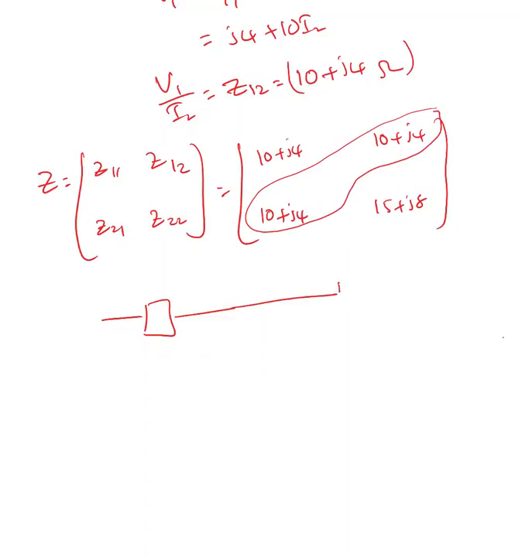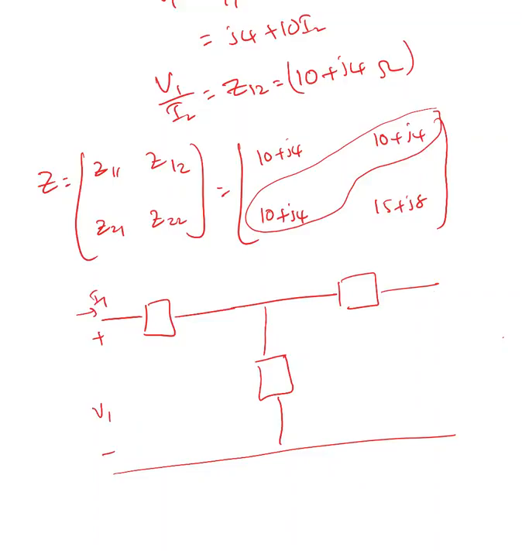If I draw the T model, here is my T model. Even my system is running slow. Here is my V1, I1, I2, V2. So this is Z11 minus Z12, Z12, Z22 minus Z12. So I have 10 plus J4 minus 10 plus J4.